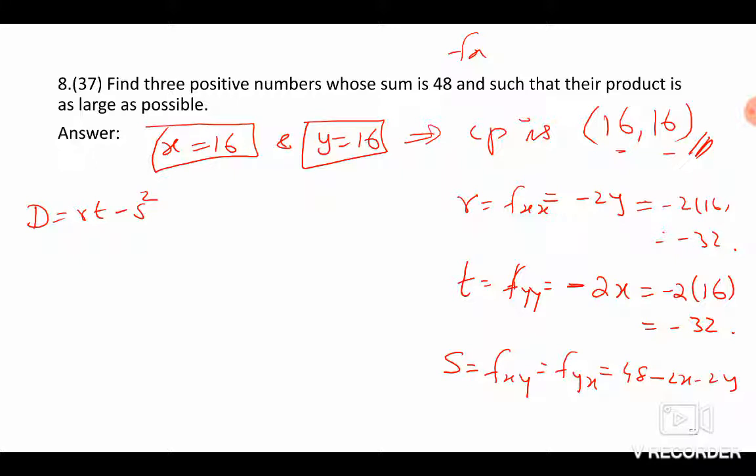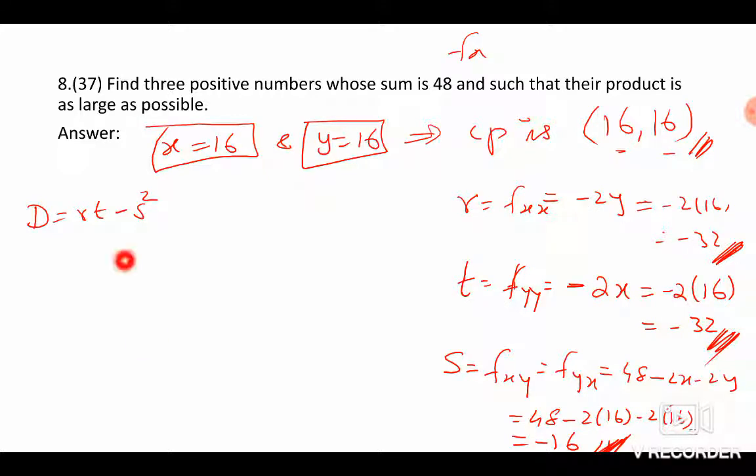Now substitute the x and y values. 48 minus 2 times 16 minus 2 times 16. S is 48 minus 32 minus 32, which is negative 16. So there are three values. R is negative 32, T is negative 32, S is negative 16.